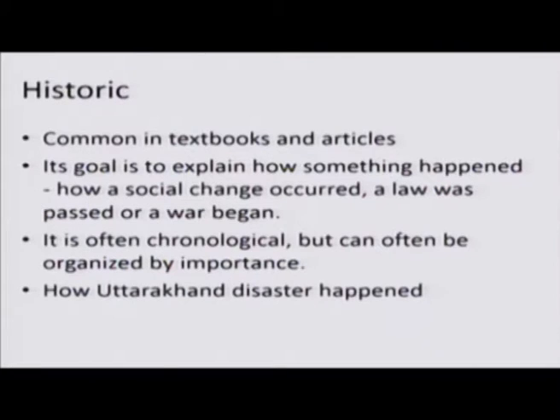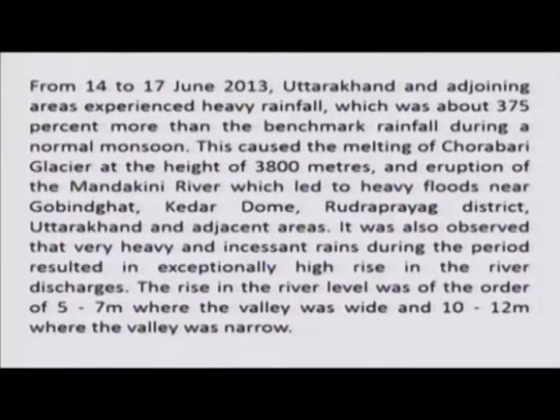Now, we will look at an example. This extract talks about how the Uttarakhand disaster happened. This is from the Geological Survey of India report. So, let us read it and then we will analyze it. From 14 to 17 June 2013, Uttarakhand and adjoining areas experienced heavy rainfall, which was about 375% more than the benchmark rainfall during a normal monsoon.